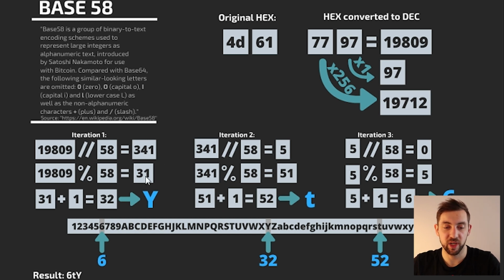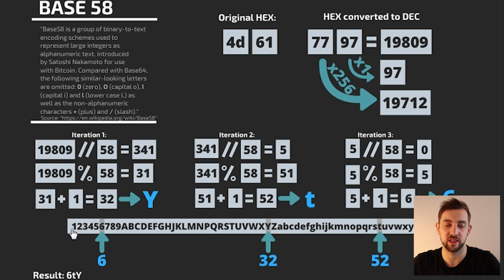Basically we take this 31, and we look at the base 58 alphabet. Here is our alphabet, and assuming we are starting iterating from 1 as 1, we have to add another 1 to have 32 and go to the 32nd letter, which is Y. In our code, we don't have to do this plus 1 because the machine code iterates from 0.